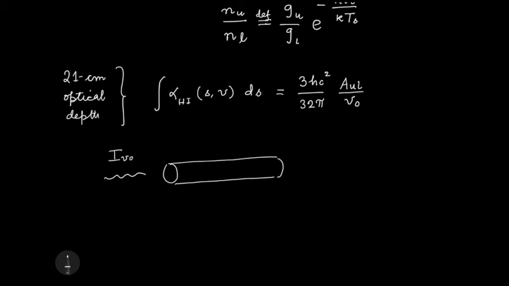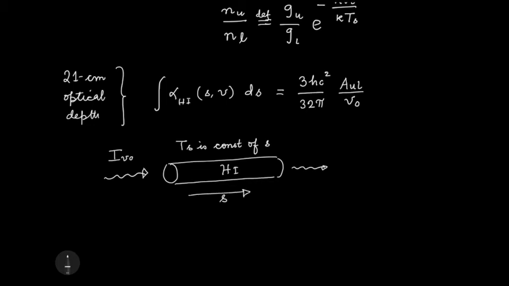And now, see what is happening here is that you have this column of H1 gas and, we're talking about absorption, so some I nu 0 coming from somewhere. This is the column of the H1 gas. It's getting absorbed here.